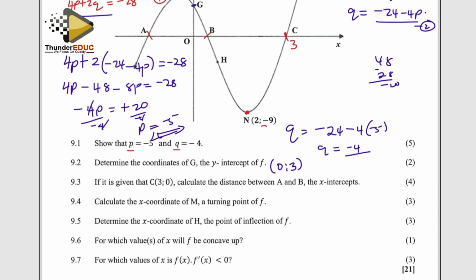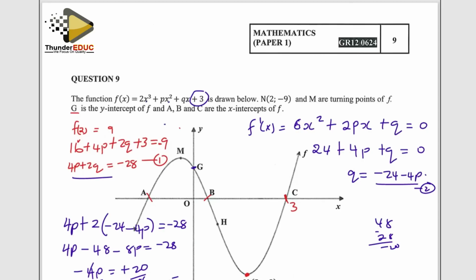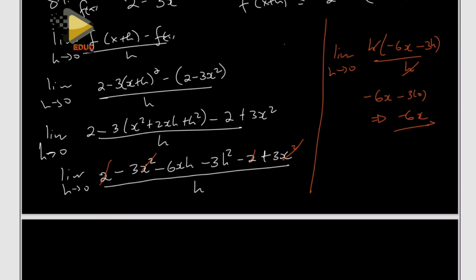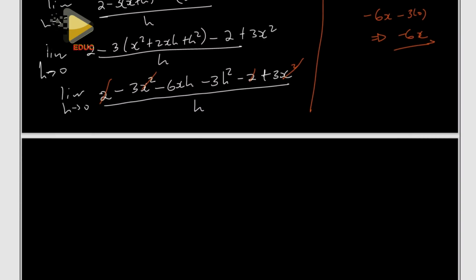Okay, so what I'm going to do, I'm just going to substitute the p's and the q's. So it's going to be 2x cubed minus 5x squared minus 4x plus 3. P and q will both be negative.